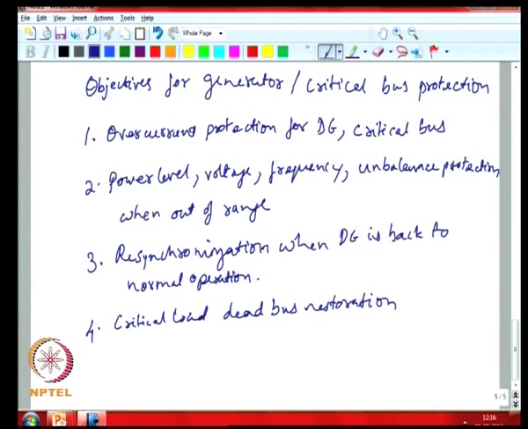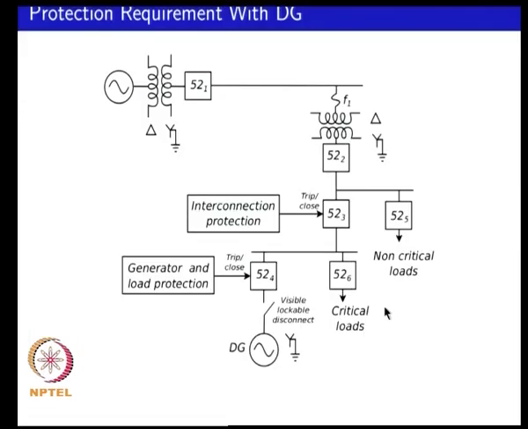Then you could also ask what the objectives of operating this interconnection breaker would be.